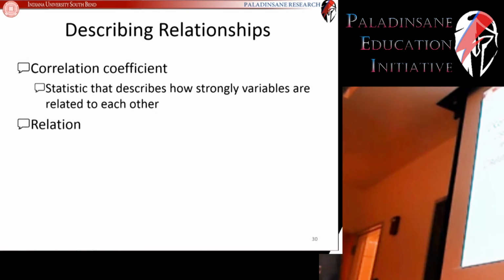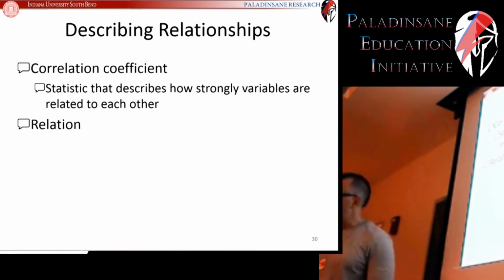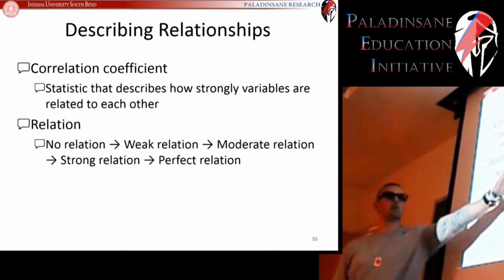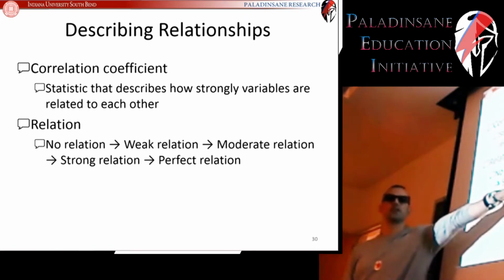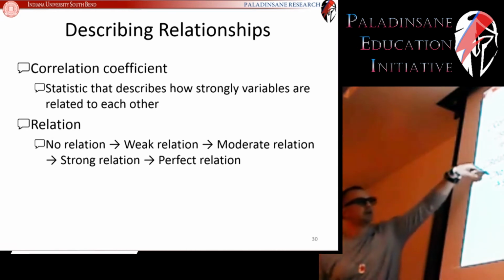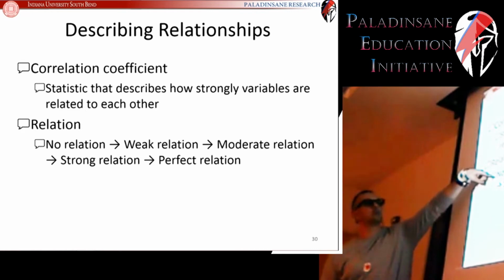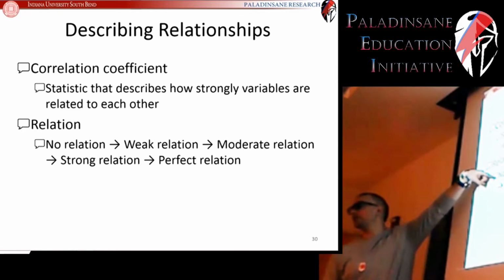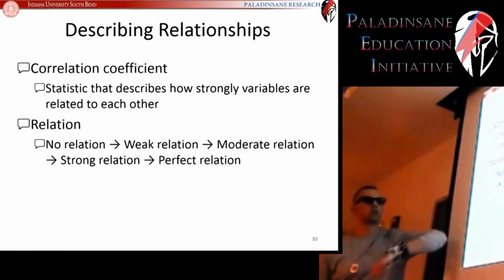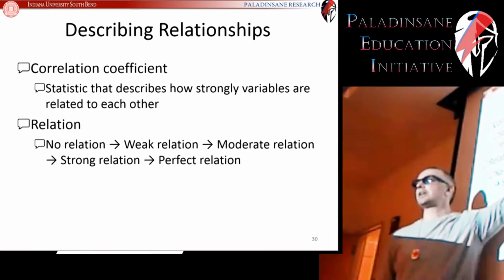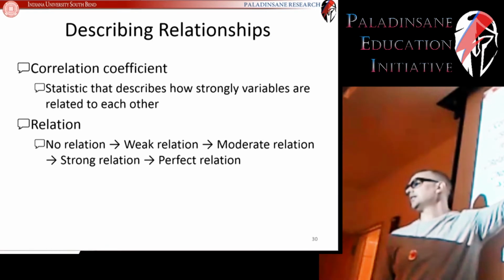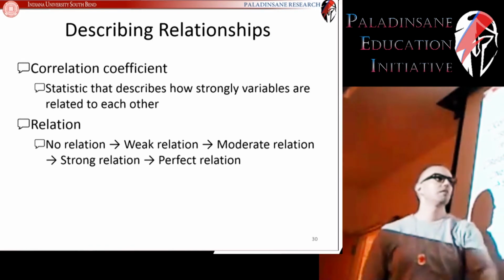Now we do this because when you're describing a relationship between two variables, it will be placed somewhere on this continuum. It's either going to go somewhere between having no relation with each other, where changes in one variable are not associated with any change in the other variable, or it's going to have a perfect relation, where changes in one variable are exactly associated with changes in another variable.